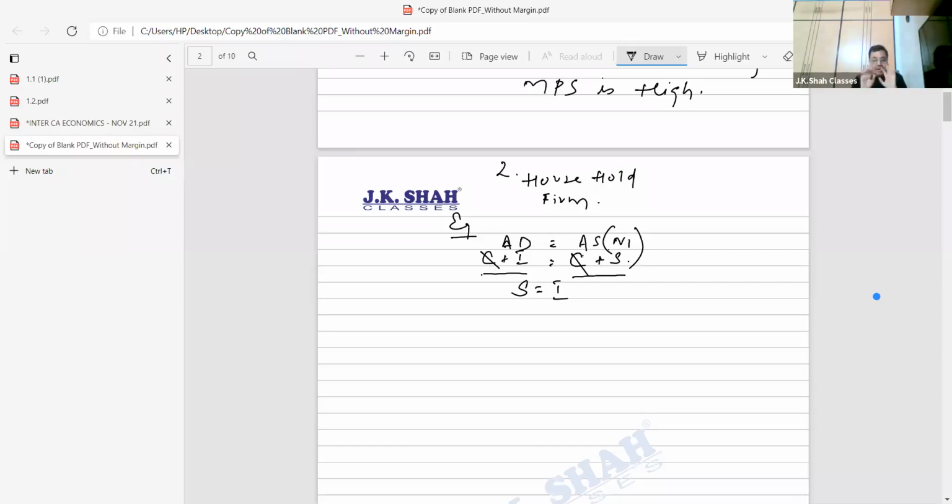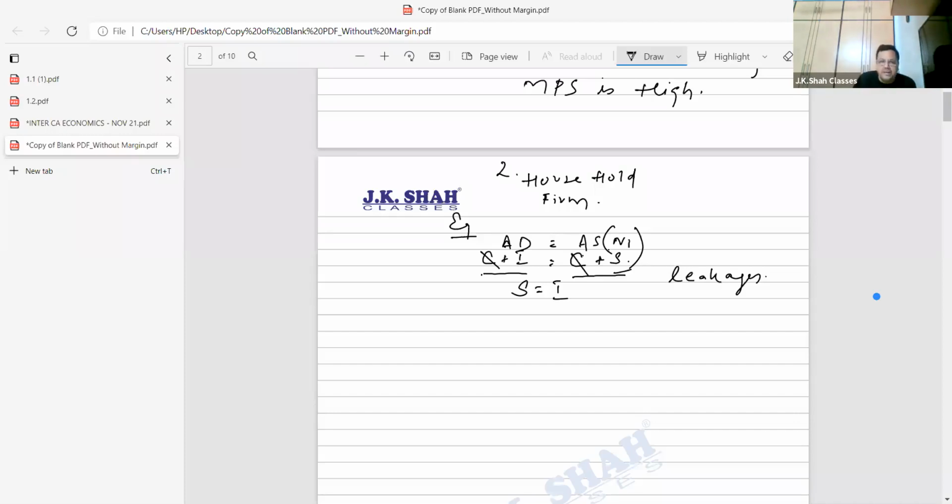Think properly, I earn income. When I earn income, I'm supposed to spend that income, but I don't spend all of it. Some amount of money I save. So please remember, savings will be considered as leakages from the flow of national income.